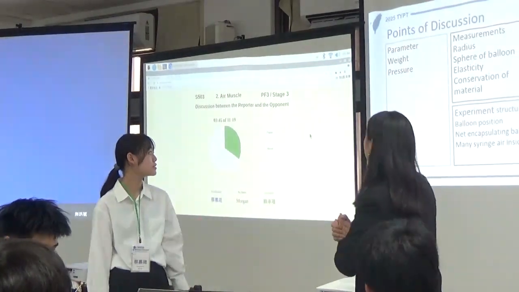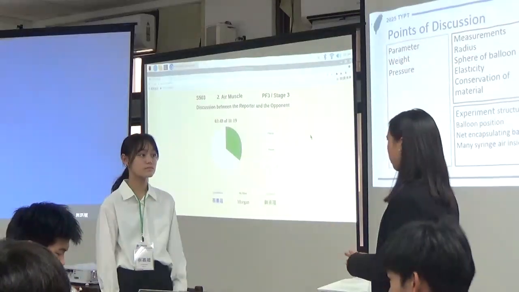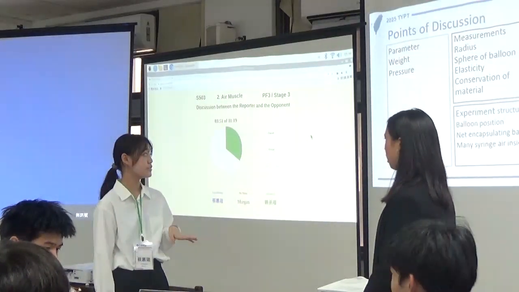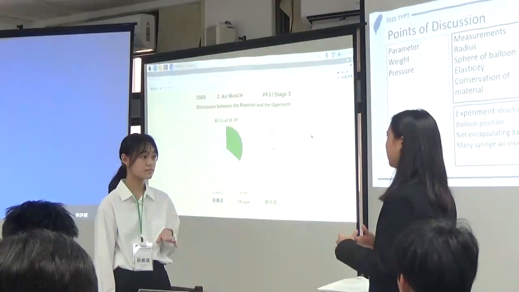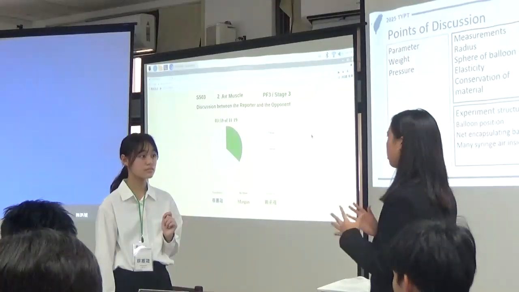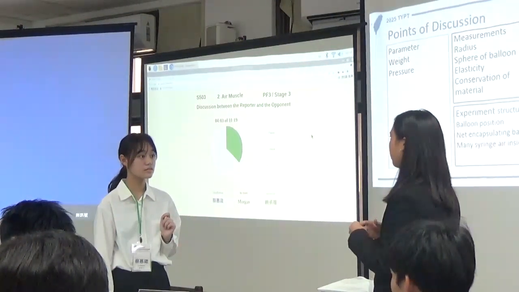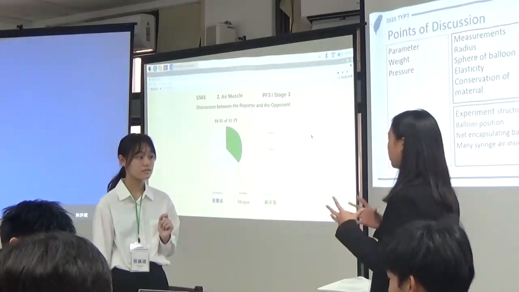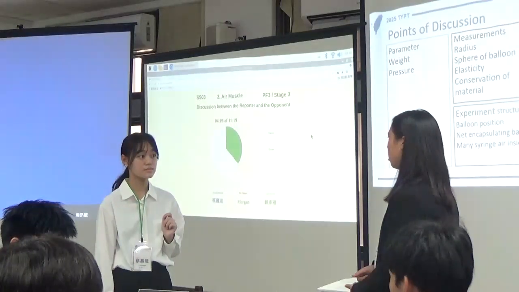So for conservation of material, did you account for this in your experiment? I don't change the material. No, conservation of material means as the balloon is expanded, there is also force pressure from the balloon pressing in onto the system, not the different material. So your set of material has its own conservation of material acting against it.